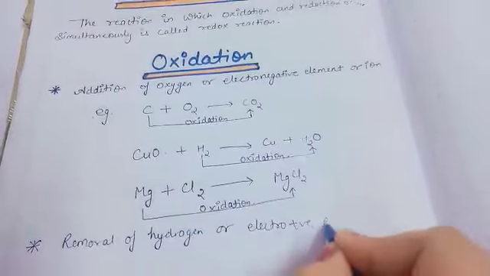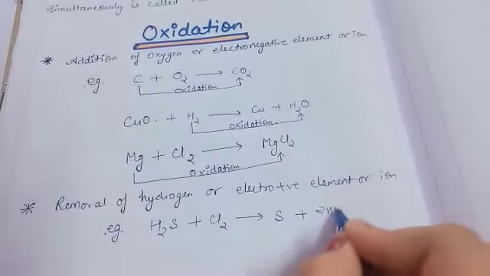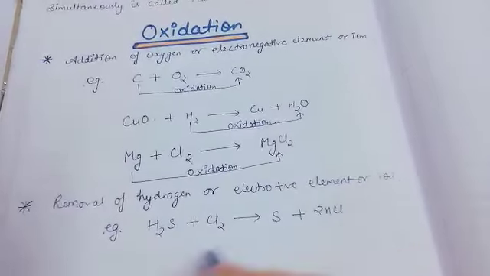Now for example, removal of hydrogen: H2S plus chlorine becomes sulfur plus HCl. Just see, H2S now becomes simple sulfur. So removal of hydrogen is also oxidation.